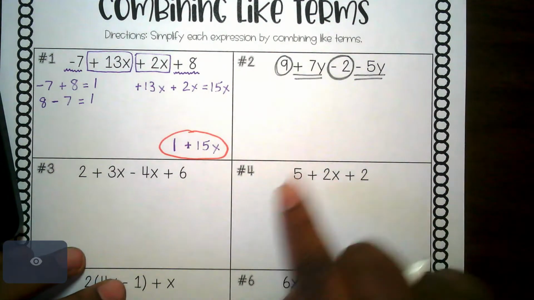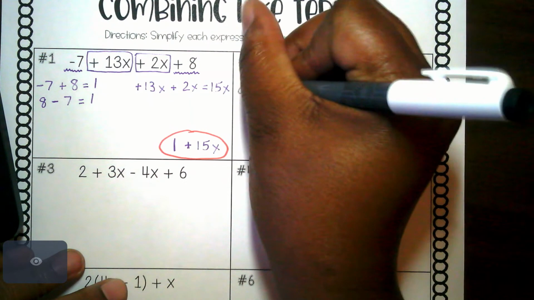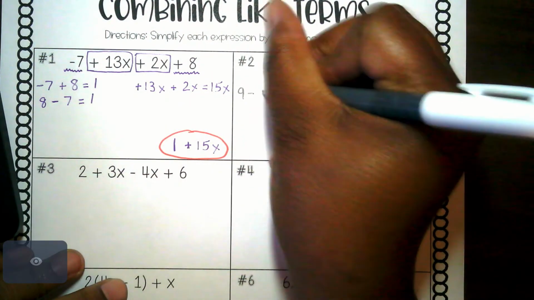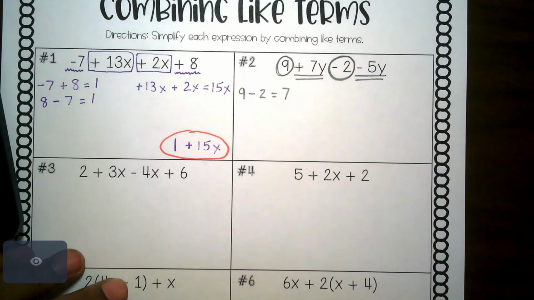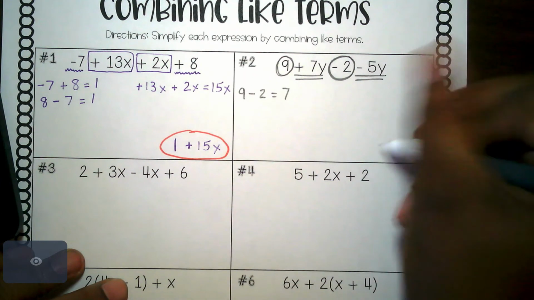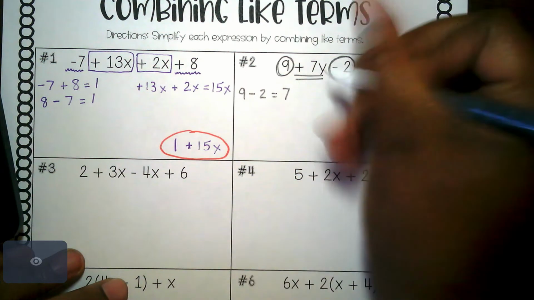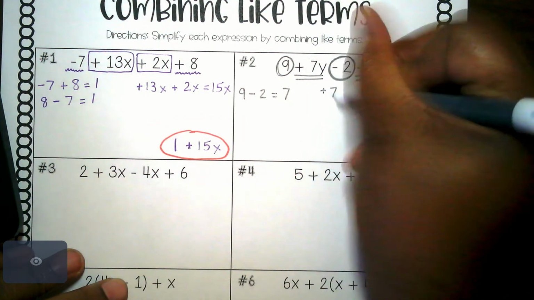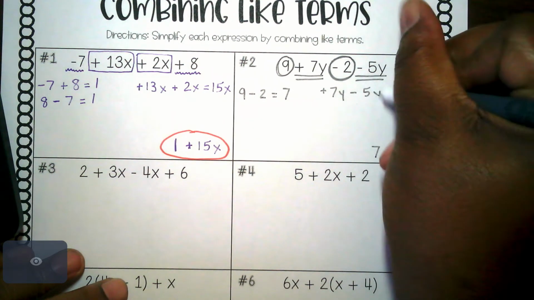We have our 9 and our minus 2. So let me go ahead and pull this. 9 minus 2, and I know that equals 7. Okay, so 7 is going in my final summary. Now I know I have a plus 7y minus 5y.